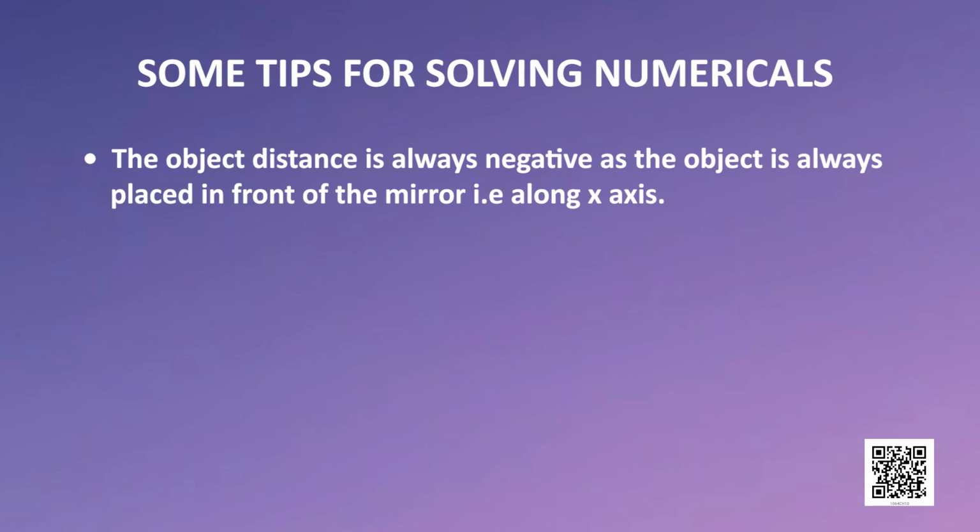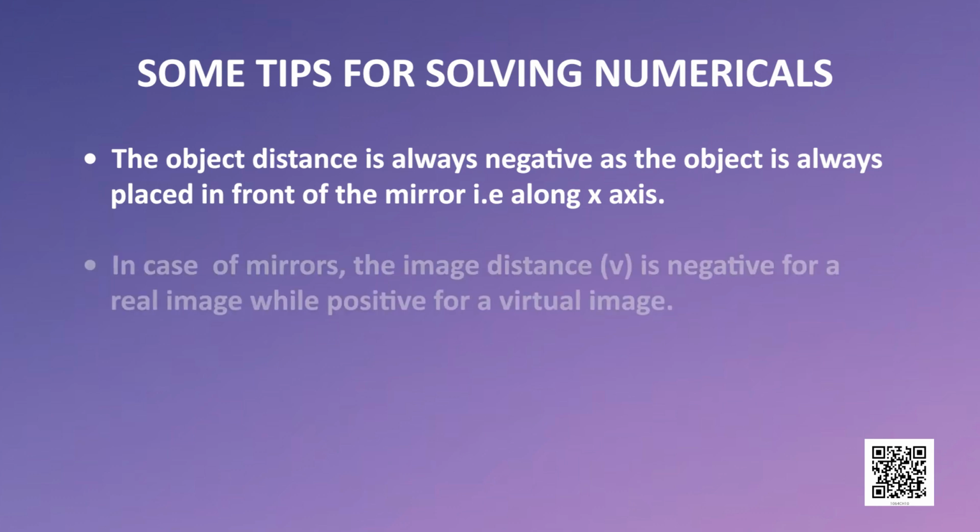The object distance is always negative as the object is always placed in front of the mirror, that is, along negative x-axis. In case of mirrors, the image distance v is negative for a real image while positive for a virtual image.